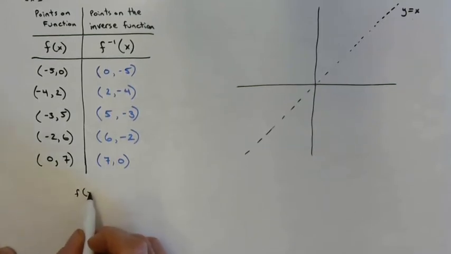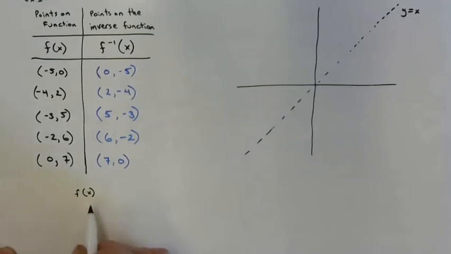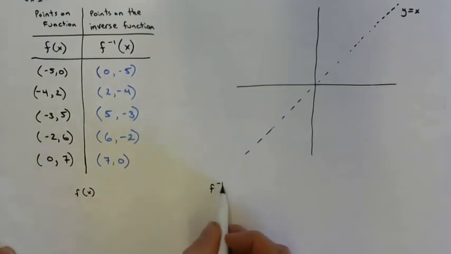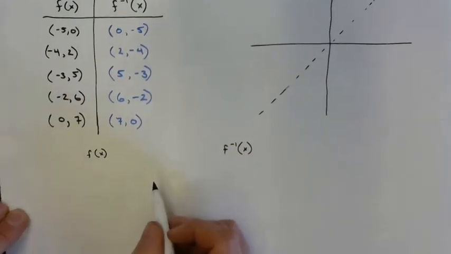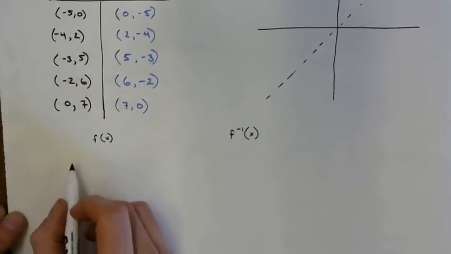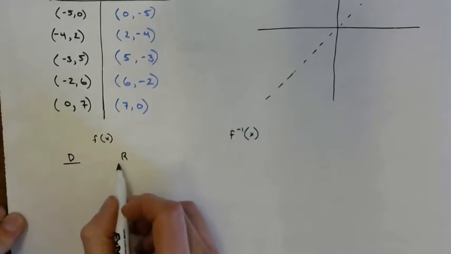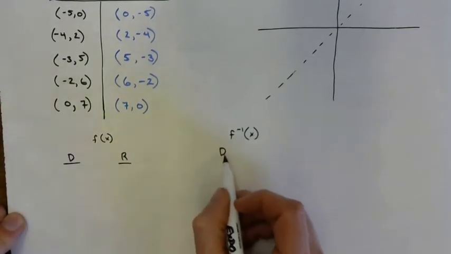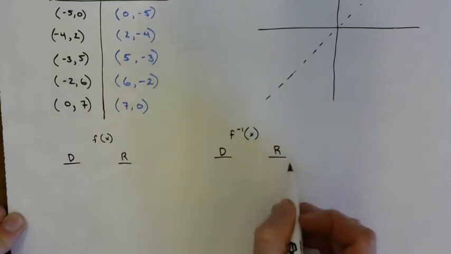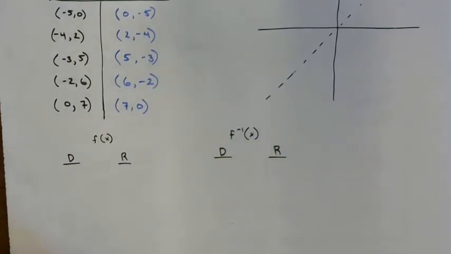So we're going to do that by using mapping diagrams. Okay, so we've got f of x here, the inverse of f here. Here we have domain, here we have range. Here we have domain, here we have range. So in our original function, what numbers make up the domain?